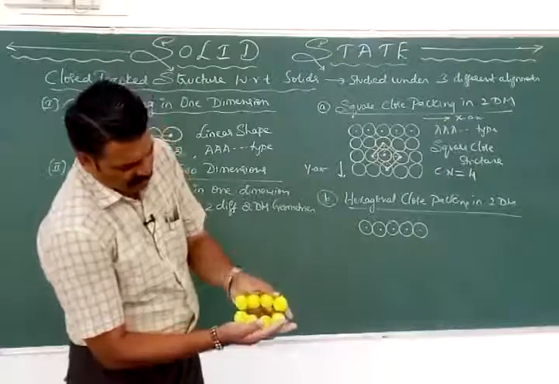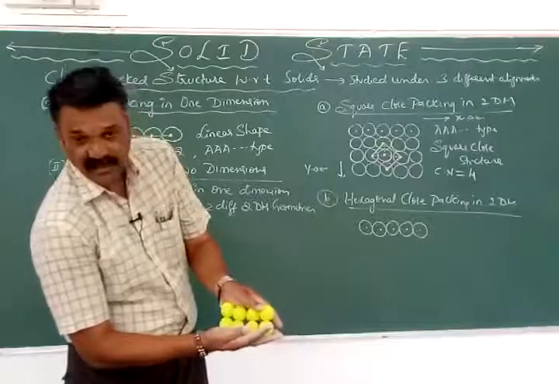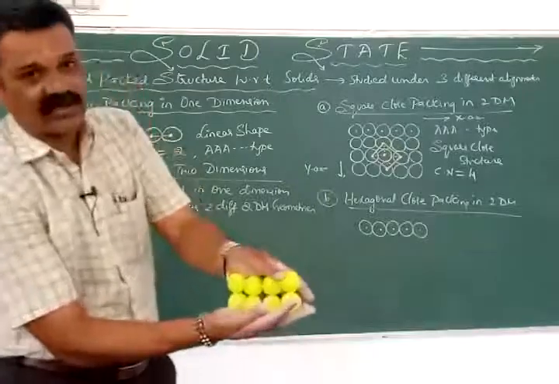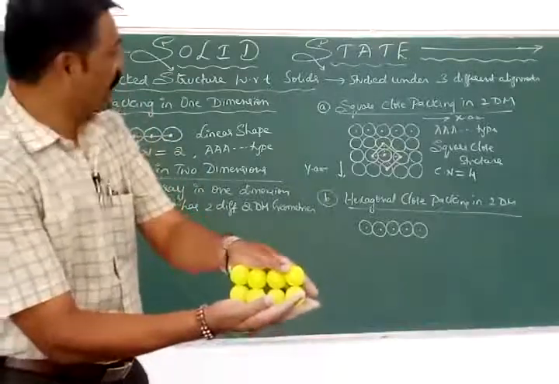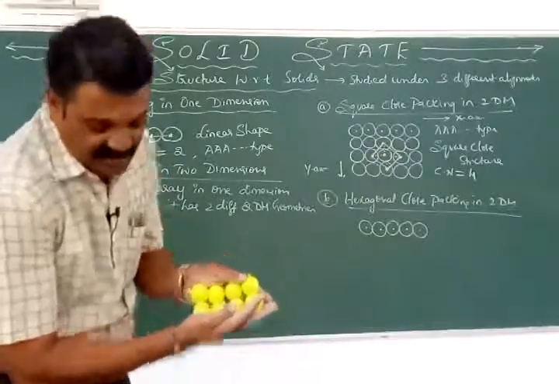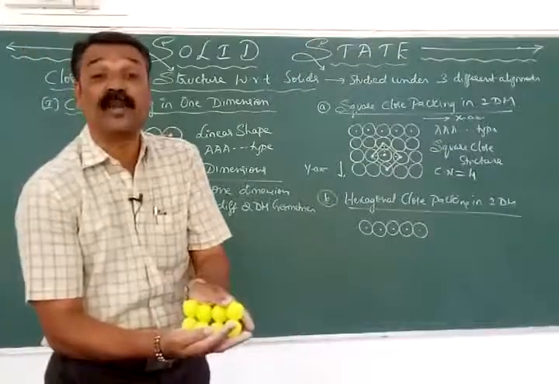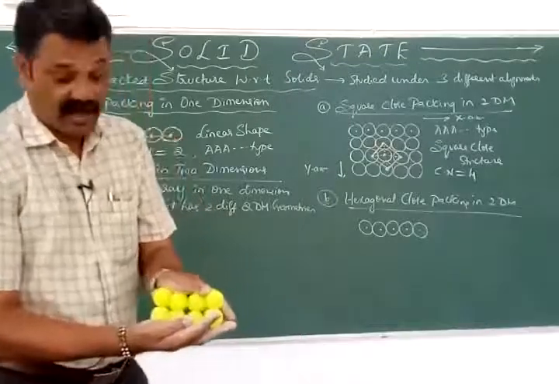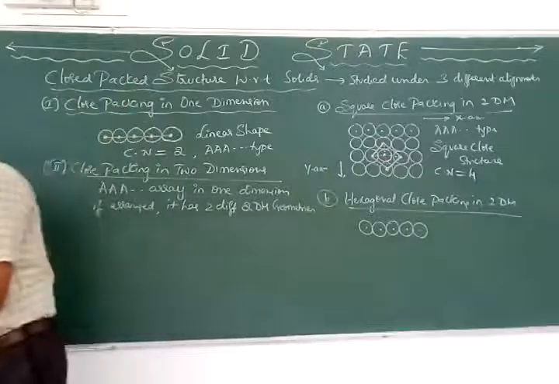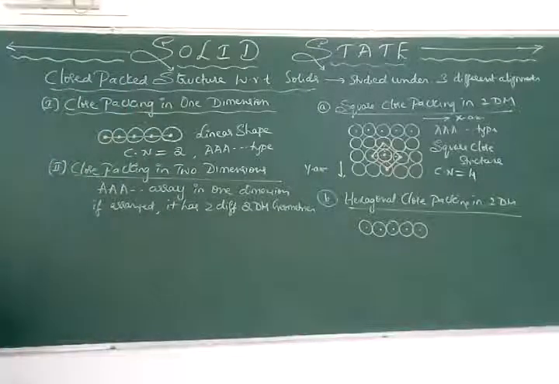If I put one above the other like this, can I say that the first layer is quite similar to the second here? Therefore again it is of type A. This is the alignment along the x-axis and this is the alignment along the y-axis. In both axes the arrangement is the same. That is why it is called A. If I make a clear picture of that, it becomes like this.